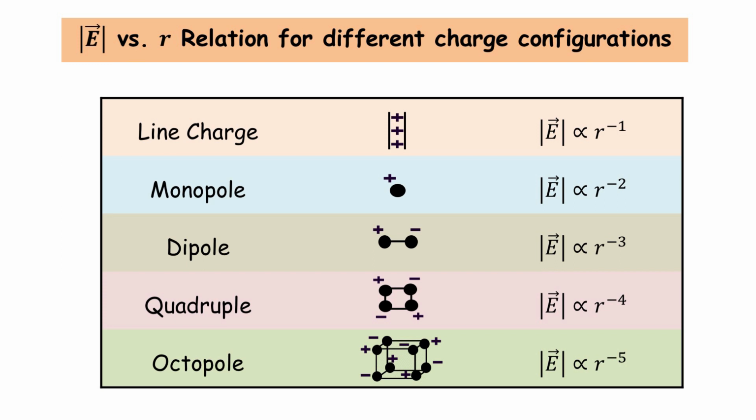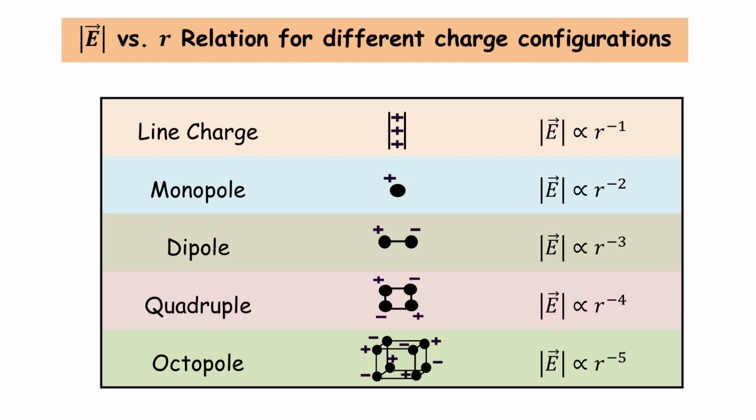So, E is inversely proportional to R, that is proportional to R to the power minus 1 in case of line charge, and for monopole, that is for point charge, E is inversely proportional to R square, that is proportional to R to the power minus 2, and in case of dipole, E is proportional to R to the power minus 3, and in case of quadrupole, that is E proportional to R to the power minus 4.